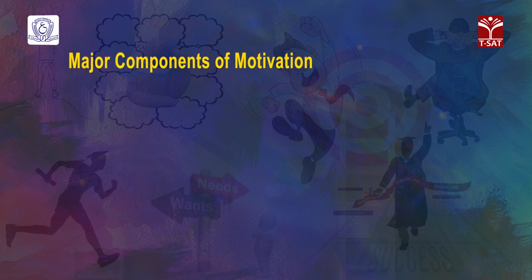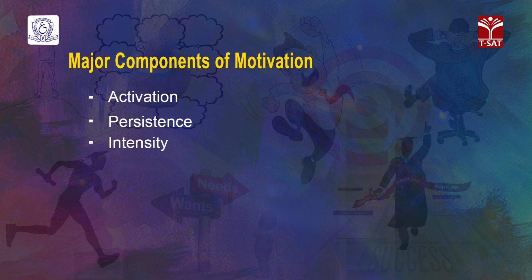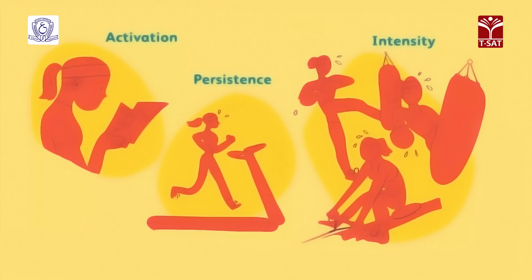There are 3 major components of motivation. One is activation, the second one is persistence, and the third one is intensity. Activation: the person has to be ready mentally to activate. Persistence: it is not sufficient if you just act and then stop, you have to continue your efforts. And the intensity: what is the level of the motivation that you have?